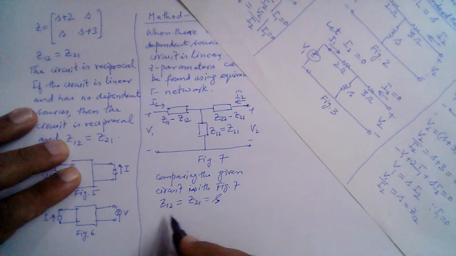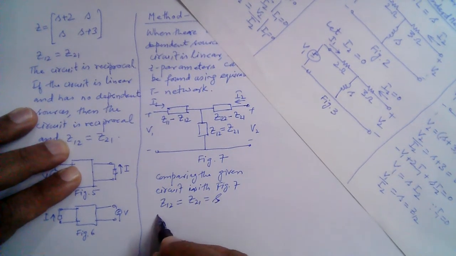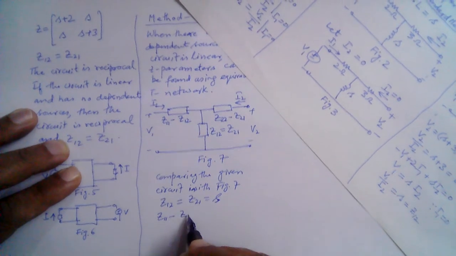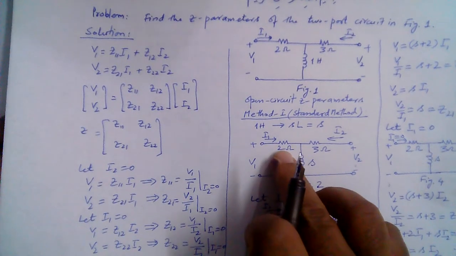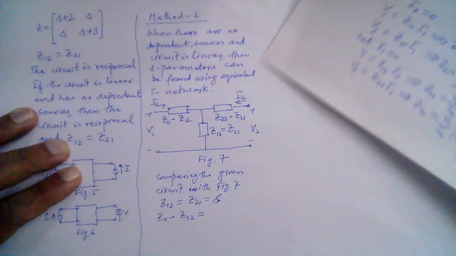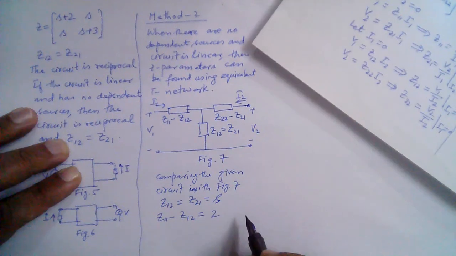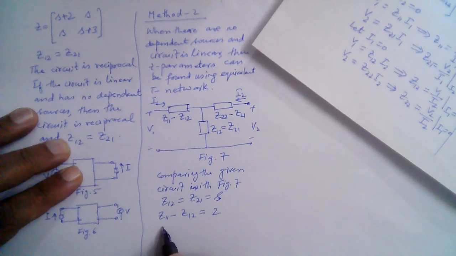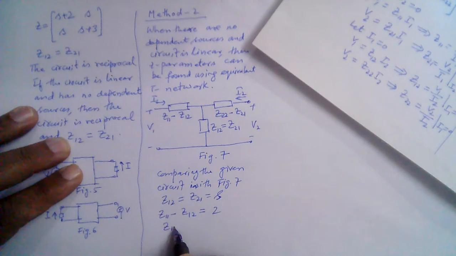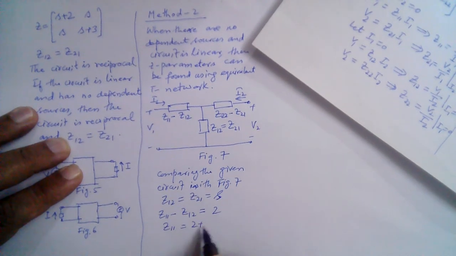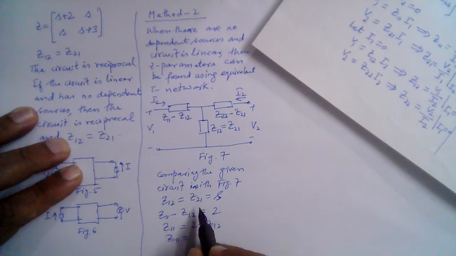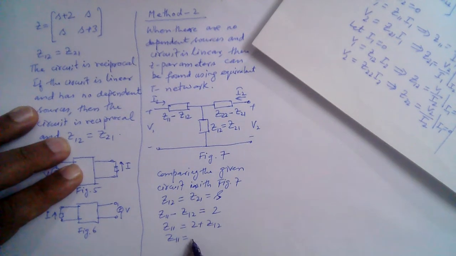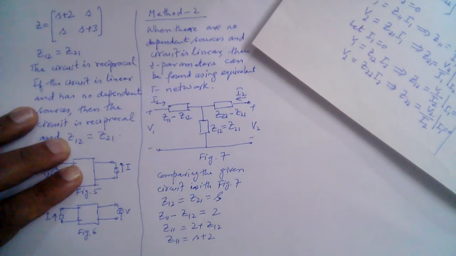Then Z11 minus Z12 is equal to the impedance of this branch, which is 2 ohms. So we can find Z11 from here: Z11 is equal to 2 plus Z12, and since Z12 is S, Z11 is S plus 2, right?